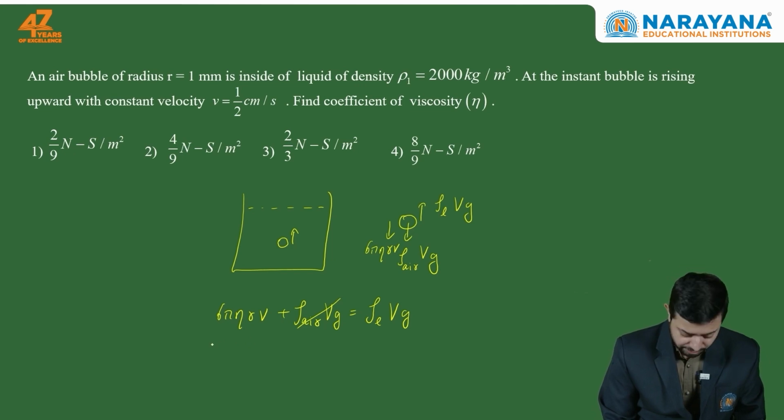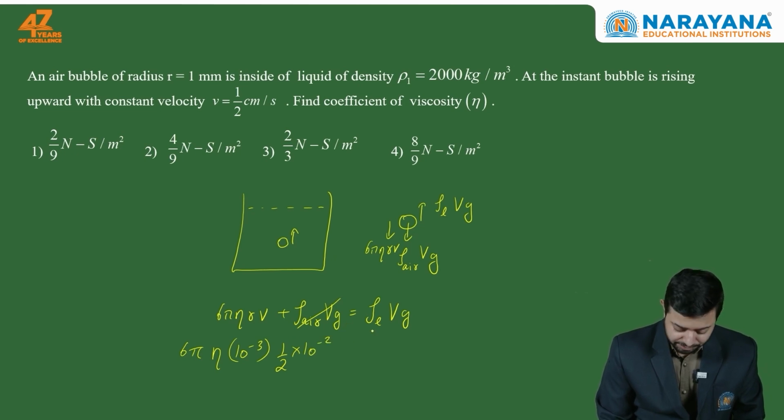Let's have a look at the calculation part. 6 pi eta, we have to find. r is given as 1 millimeter, so it will become 10 to the power minus 3 meter, and the speed is half centimeter per second, so I will write half into 10 to the power minus 2 meter per second.